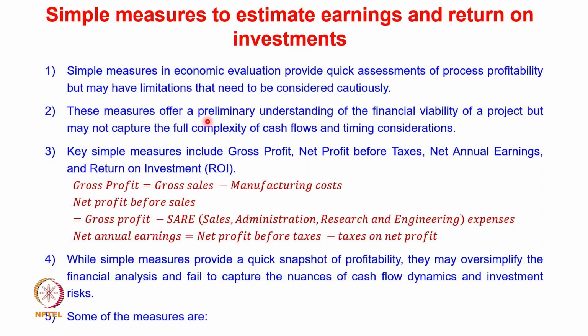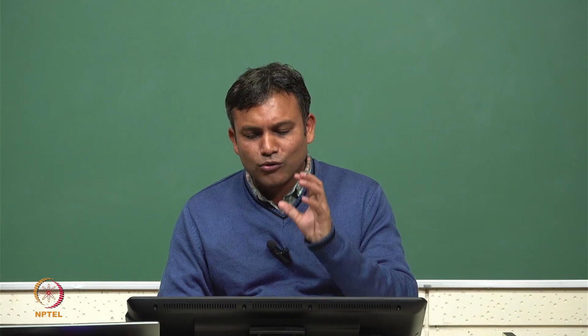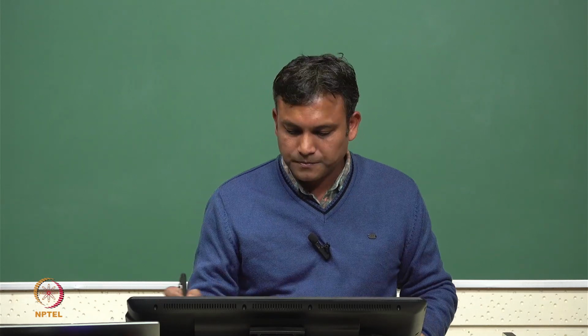So these measures offer a preliminary understanding of the financial viability of the project. Clearly, such simple calculations can give you the preliminary understanding of whether a particular project is going to be financially viable or not. Okay, but more detailed calculations are required in order to get the exact numbers.